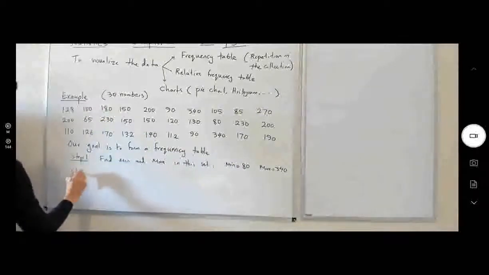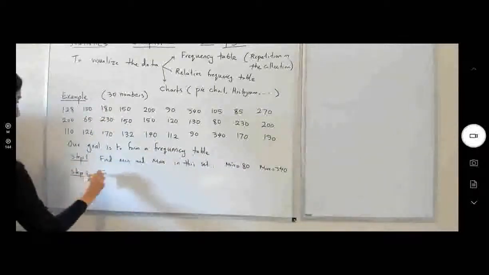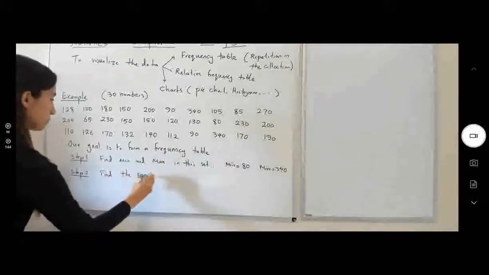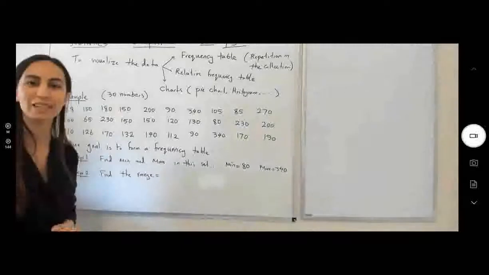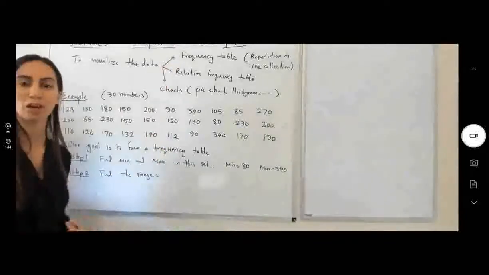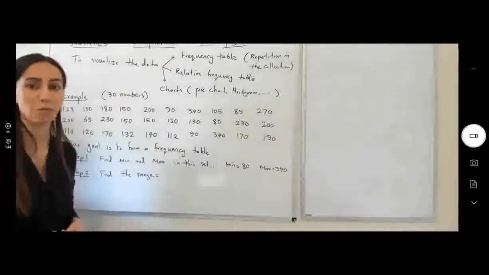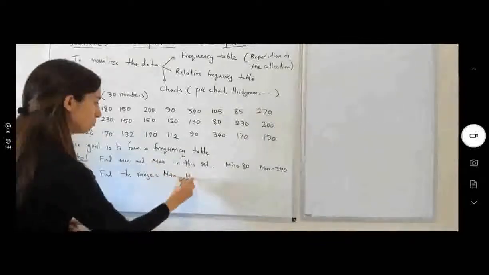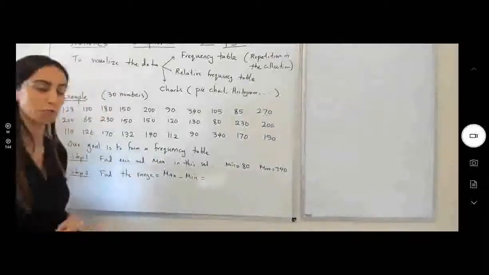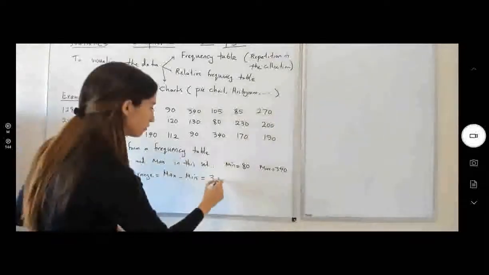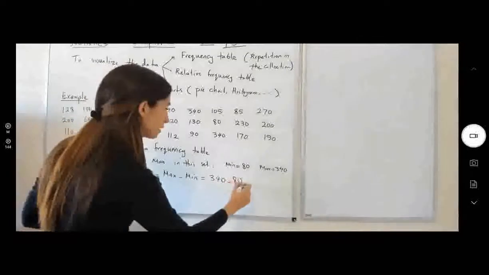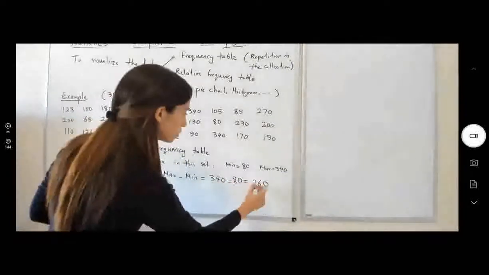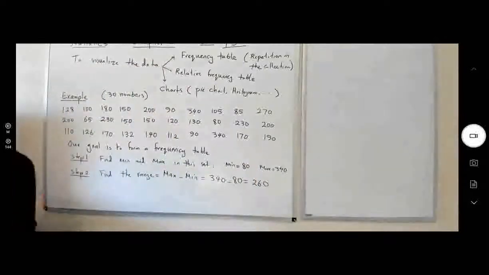Step 2, find the range, which is defined as maximum value in your collection minus the minimum value in your collection. Maximum minus the minimum. So here you have 340 minus 80, 260.